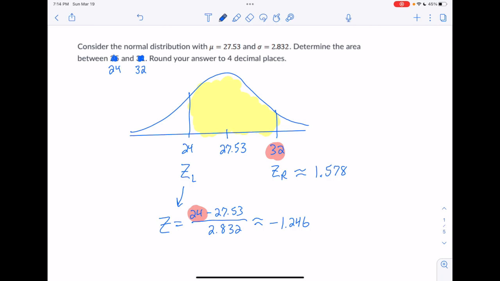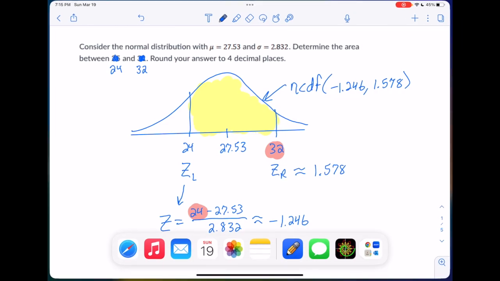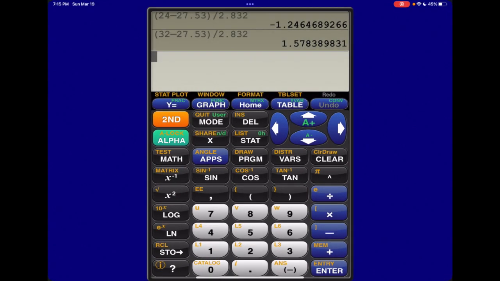Now working on finding the area in between, you want the normal CDF for the left z-score, comma the right z-score. So our left z-score was negative 1.246. Our right z-score was 1.578. So we just want to go to the calculator for that and see what we get. All right, so switching over to the calculator, let's go ahead and put that in.